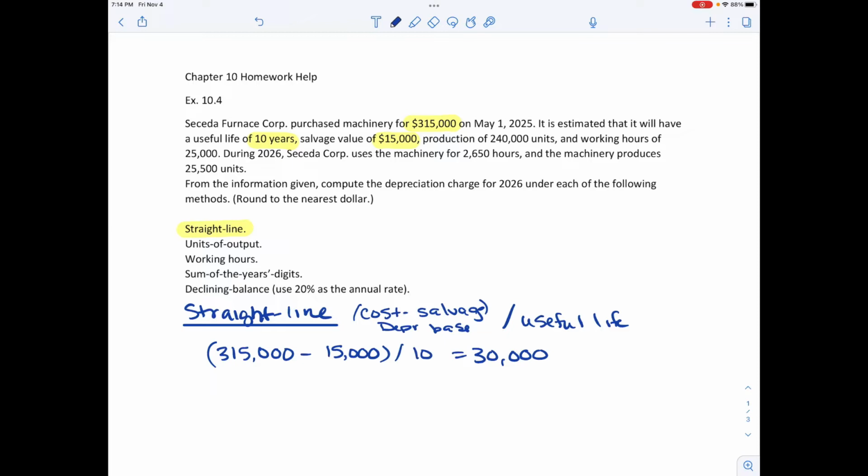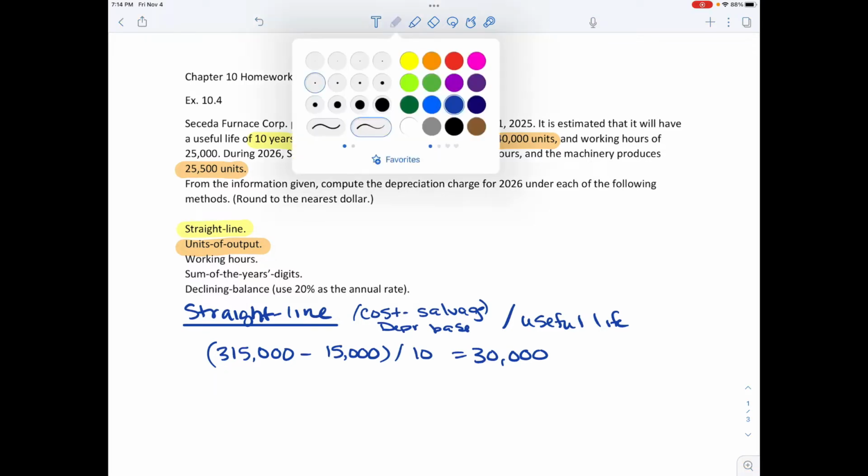Again, pretty straightforward. So let's go through and look at then the units of output. Units of output is going to be based on how many units you produce in total. So I'm looking for total units, and then for each year they have to give you this information, and I am looking at 2,500 total units.